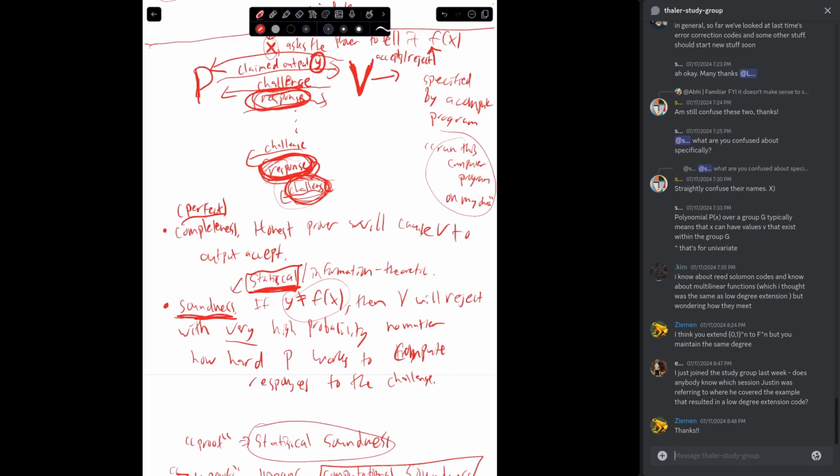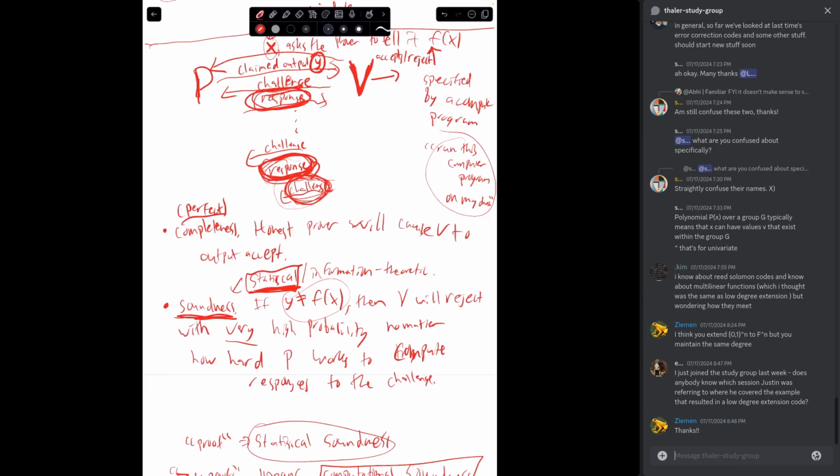The reason the statistically sound protocols are interesting is not so much because they're statistically sound. We really don't care, given that once you turn them into a SNARK, they're only computationally sound. The reason they are so interesting is because they don't use cryptography, and cryptography is expensive. For the prover to commit to a bunch of data or do a bunch of group operations is a lot of work.